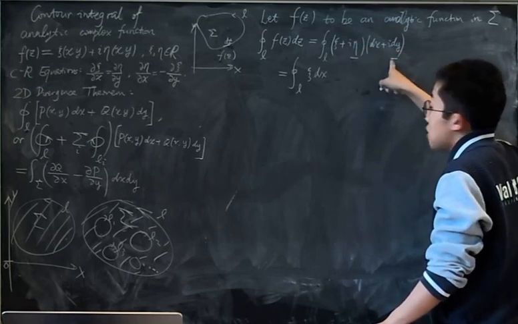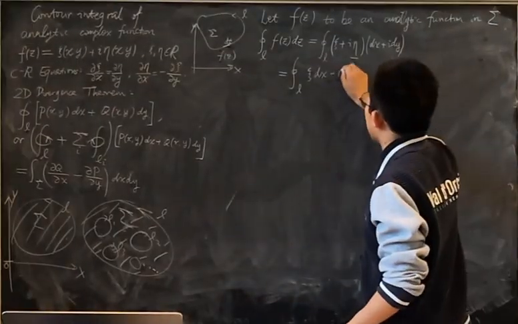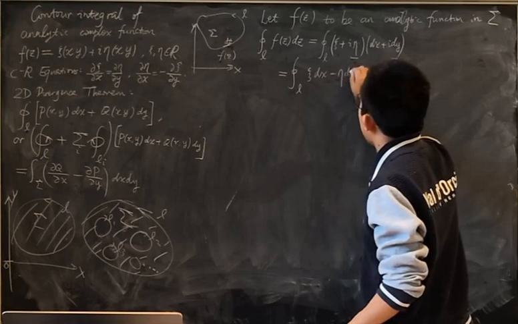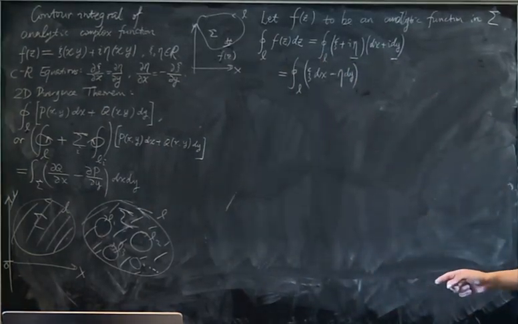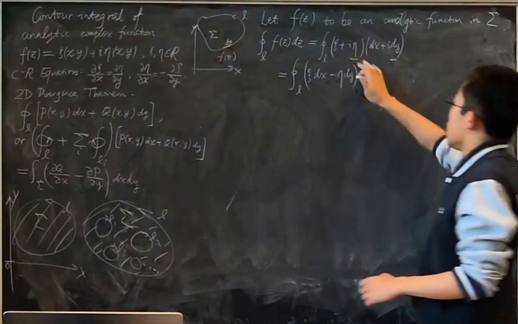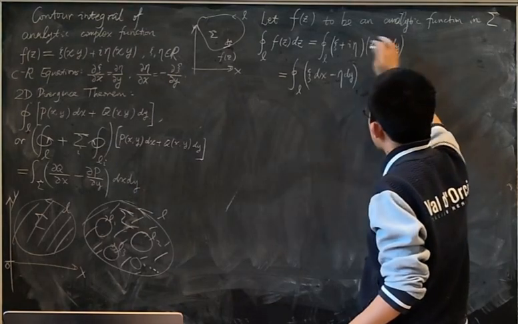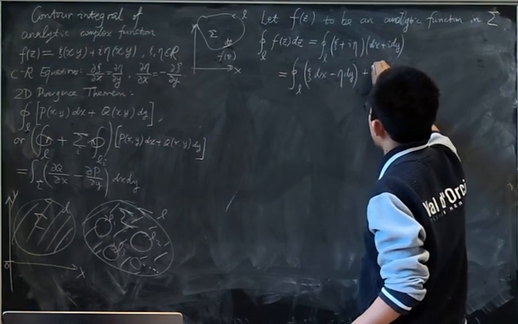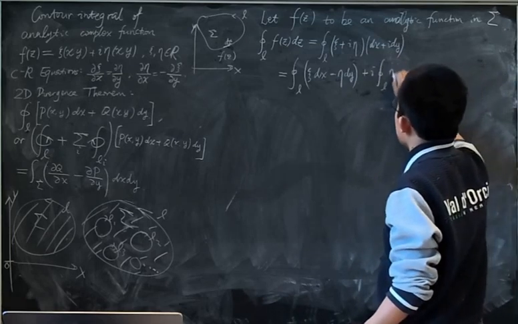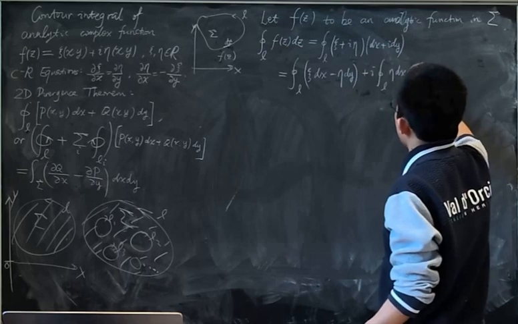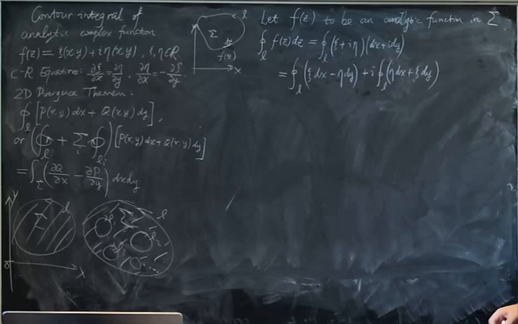This is i times i gives -1, so we have eta dy. This is the real term. Let's look at the imaginary part. So i eta times dx, and i dy times xi. So that gives i times the integral of eta dx plus xi dy.